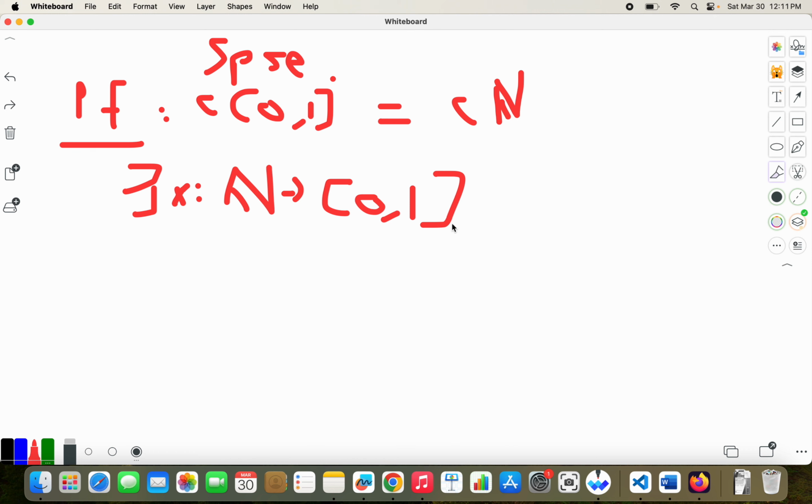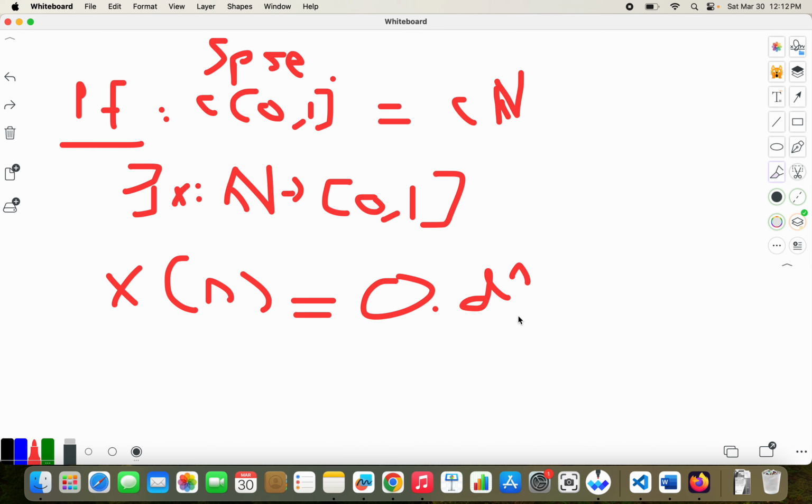For each n, we write x of n equal to 0.d_n1 d_n2 and so on.